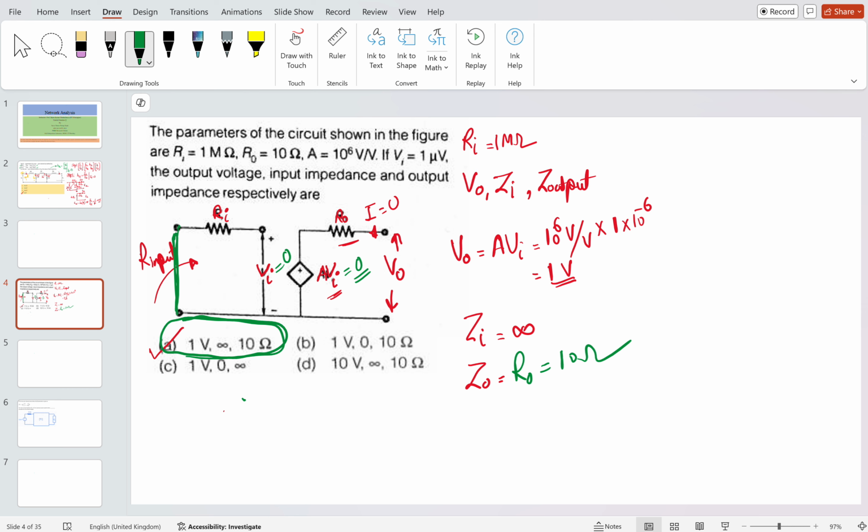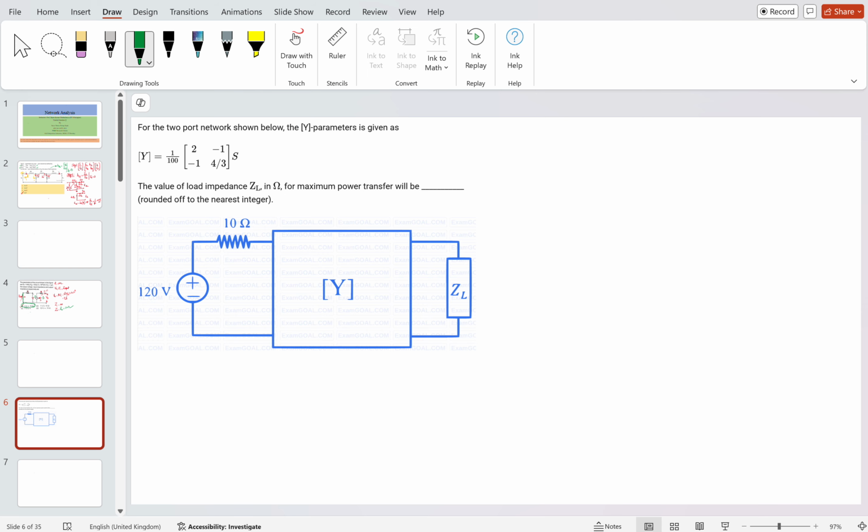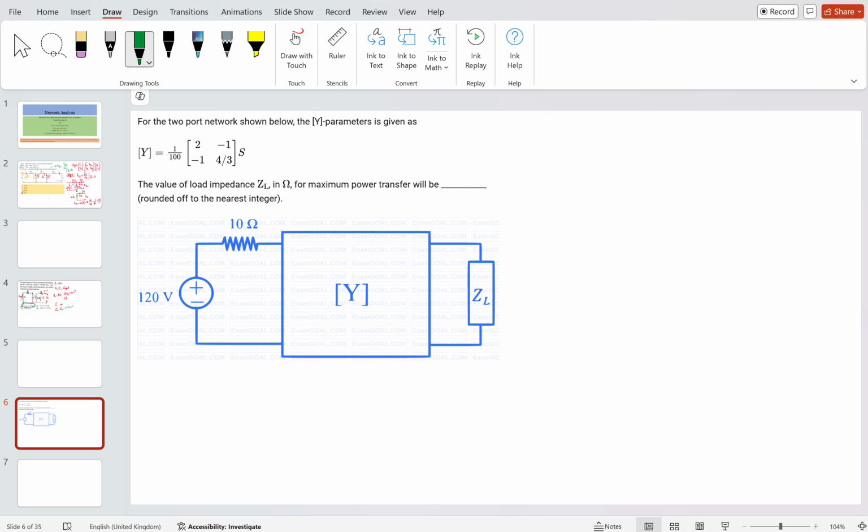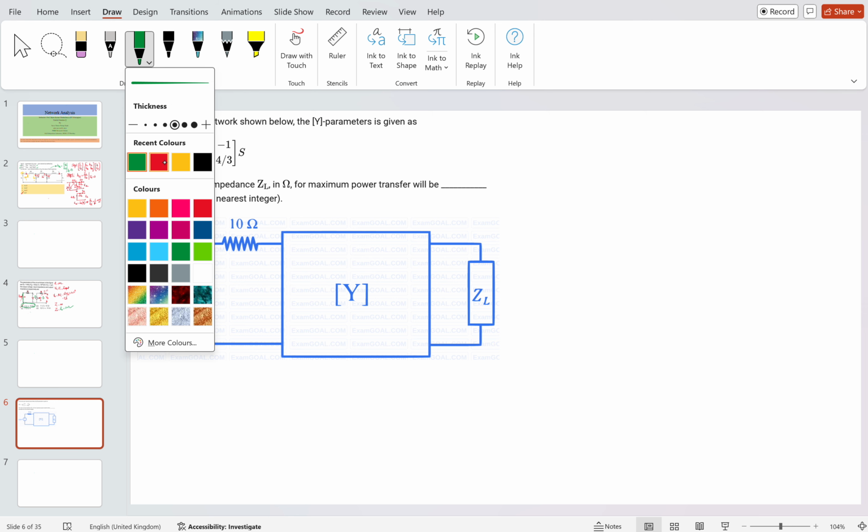Let me give another problem. Try to solve this. It is a good question, and I want to give one hint in this problem.